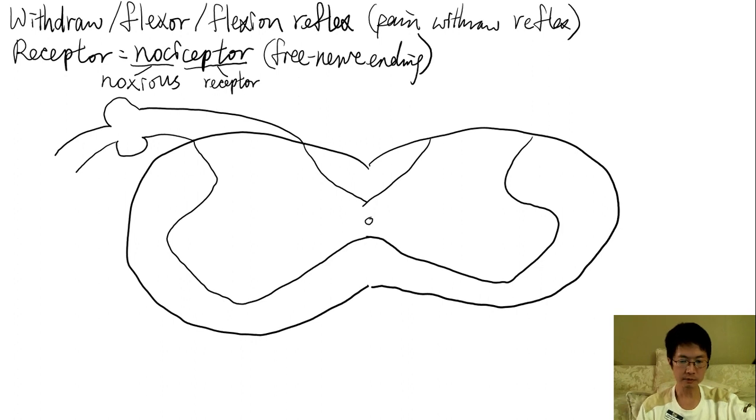We have the free nerve ending here. Okay, nociceptor. Again, the afferent neuron. There's the cell body in the dorsal root ganglion.